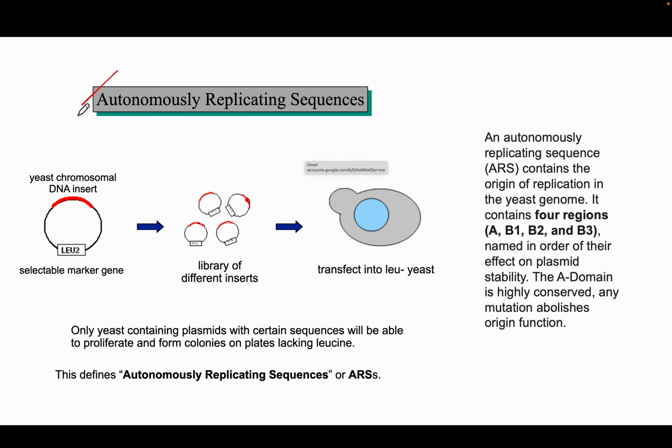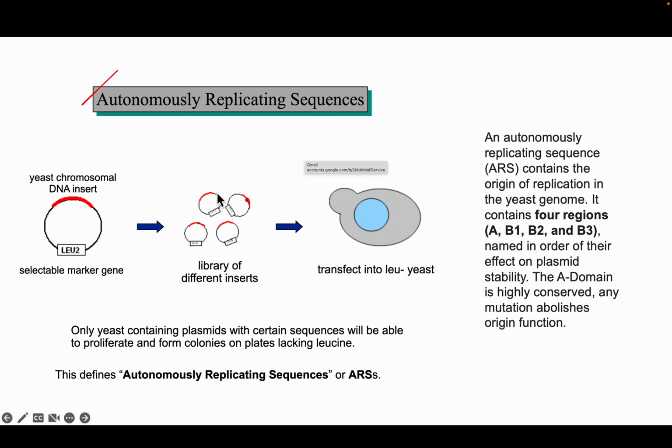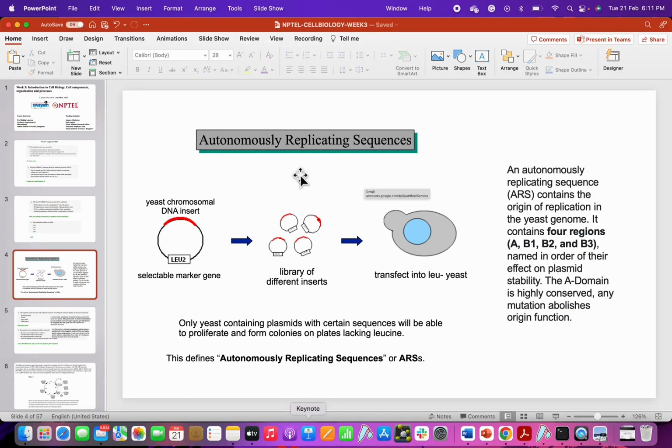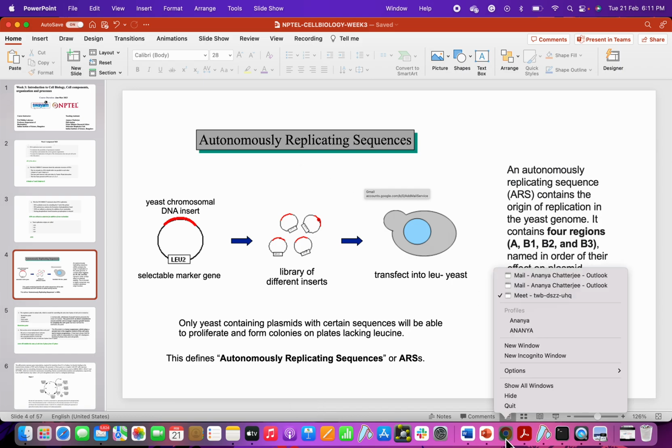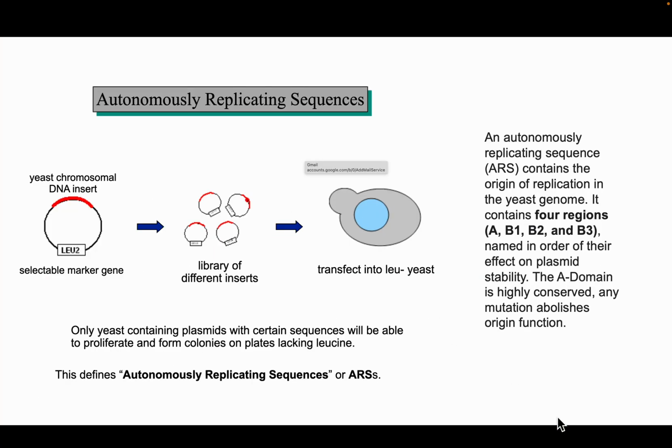So what is ARS? So this is a yeast chromosome, where you can see that this is a chromosomal DNA insert.